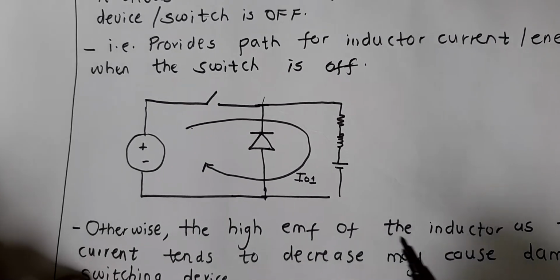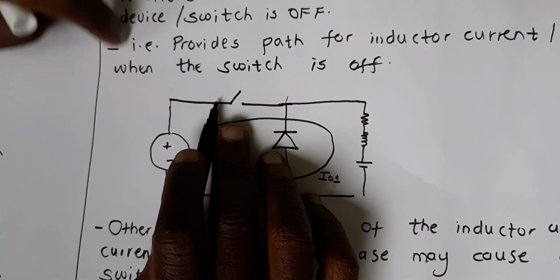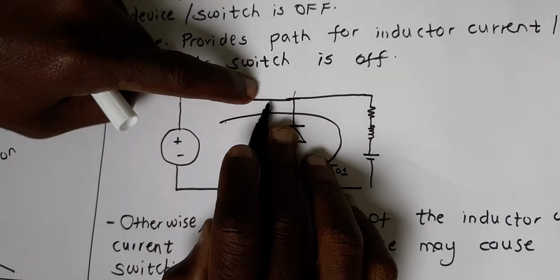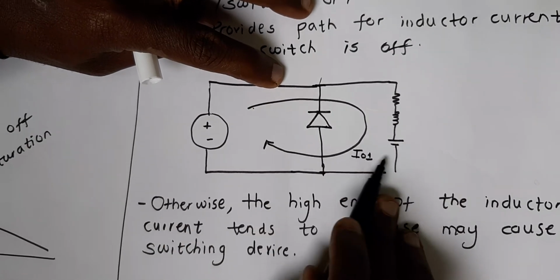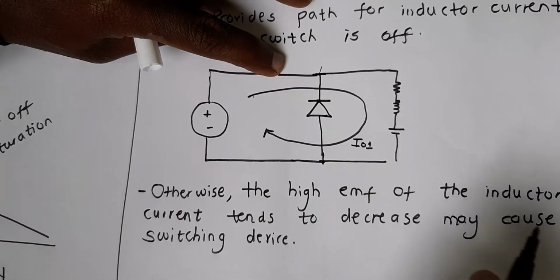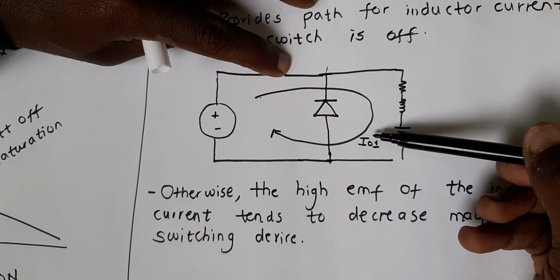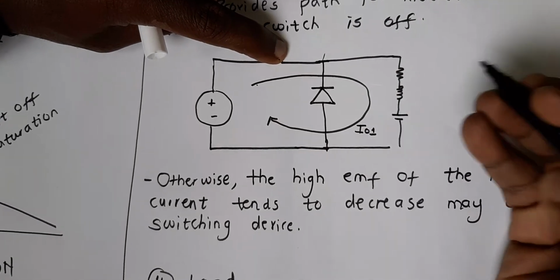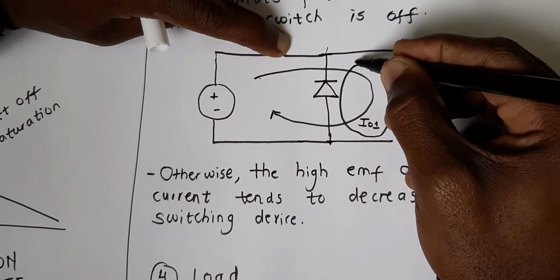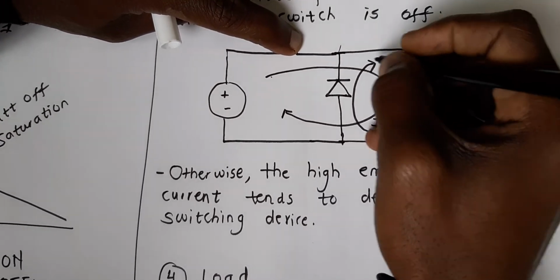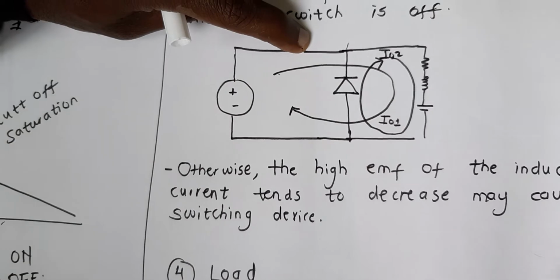So when the switch is closed, the current is going to flow this way, and you call this IO1. We are going to maintain this convention. And when the switch is off, current is going to freewheel through the freewheeling diode here, and this we can call IO2.